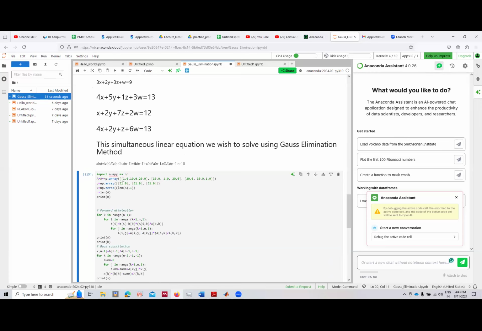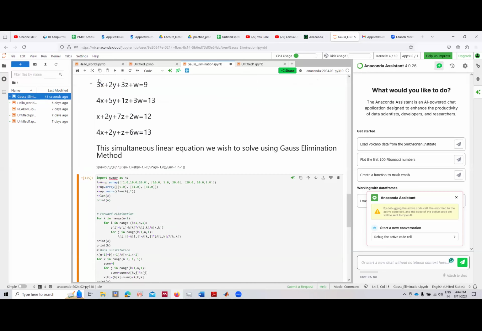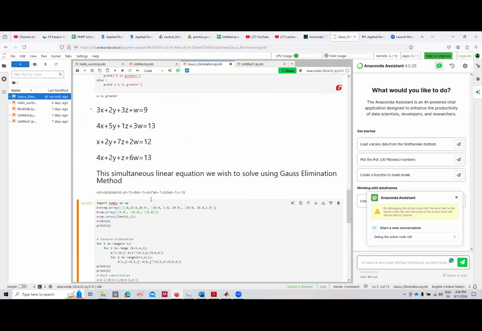So what is the B matrix here? The B matrix here is 9, then 13, then 12, then again 13.